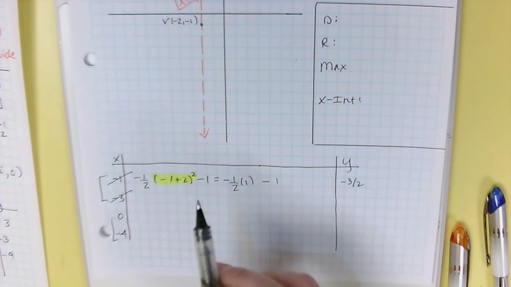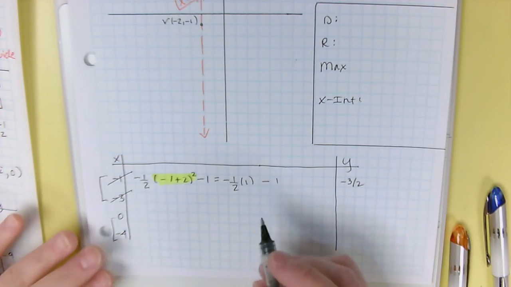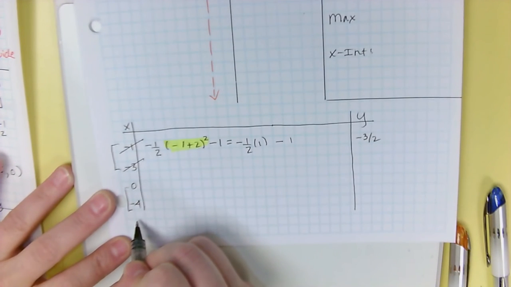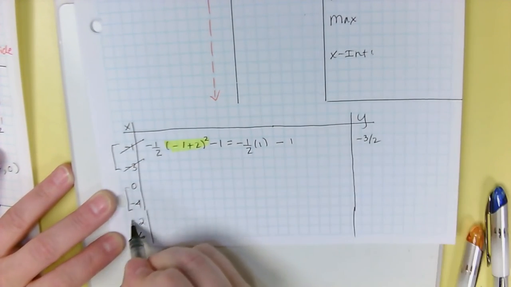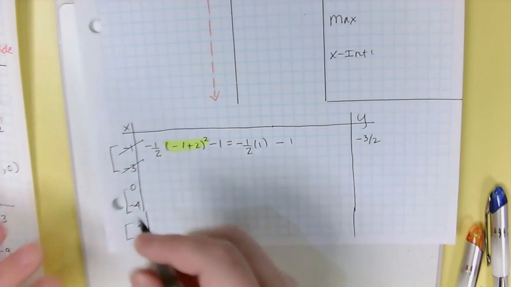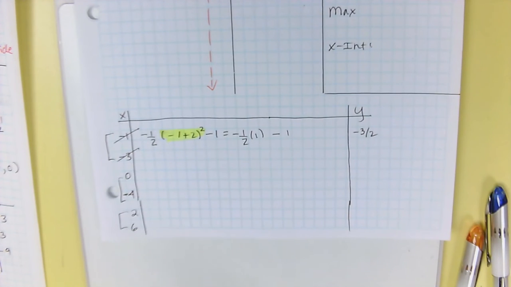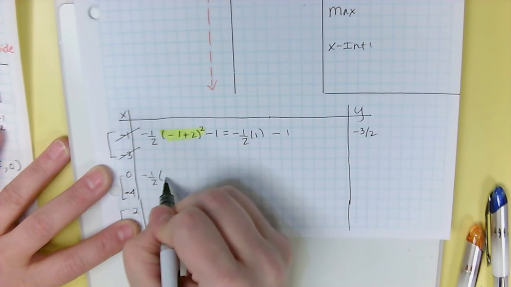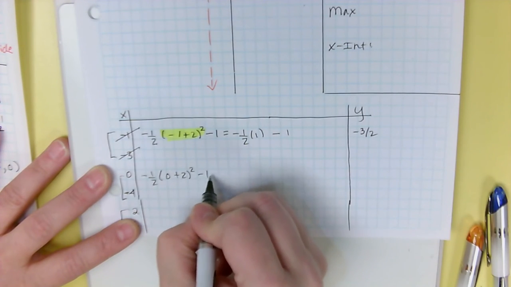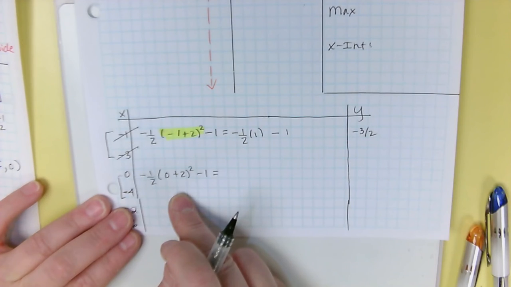I know that I have a 1/2 fraction, so I want my x to be divisible by 2. So I think I'm going to do, instead of those, I'm going to do 2 and 6, as my other pair. I think I'm fine with 0, -4 because those are both even numbers and the 1/2 should divide out. But let's try it. Let's try the 0. -1/2 times (0 plus 2) squared minus 1. 0 plus 2 is 2. 2 squared is 4.